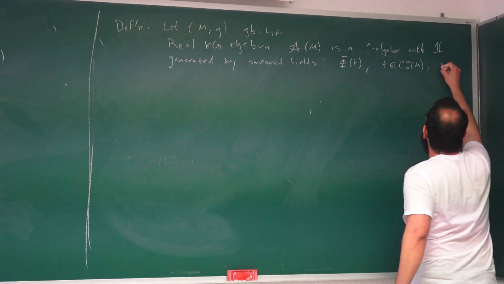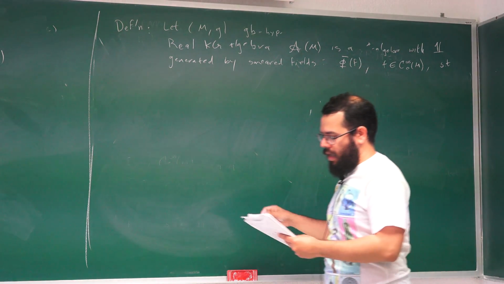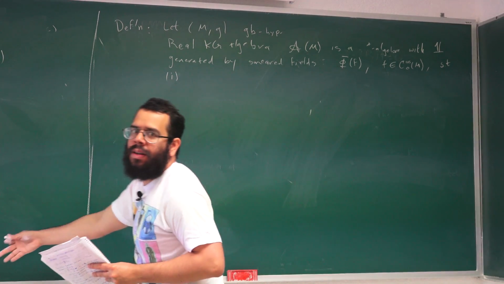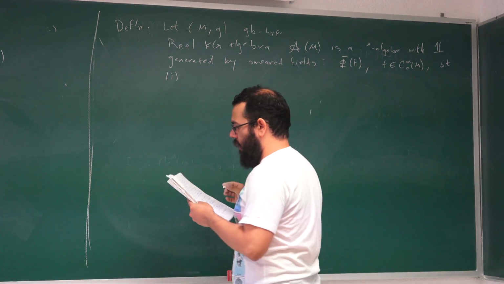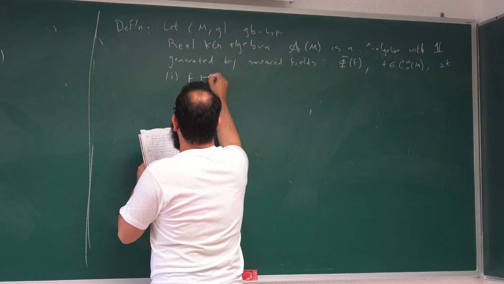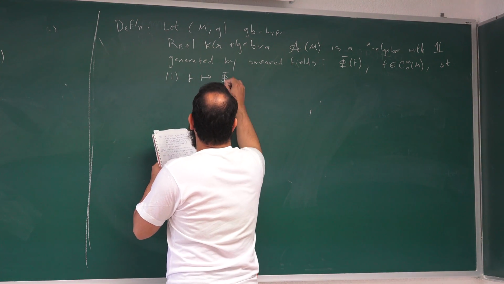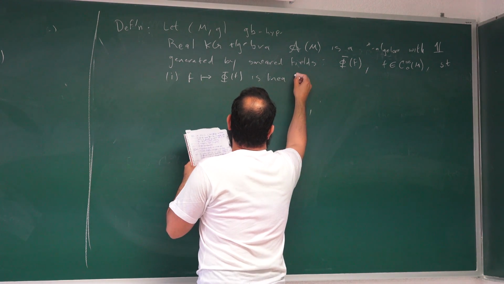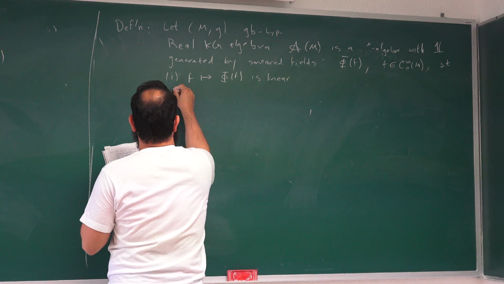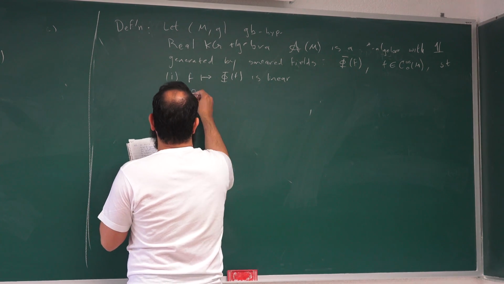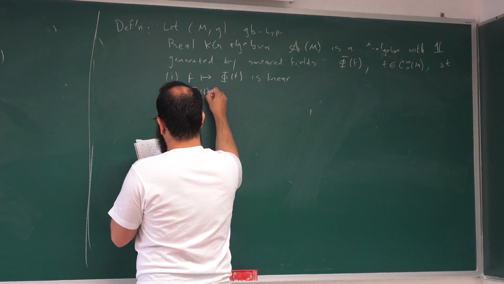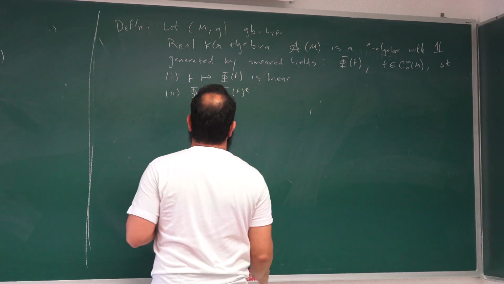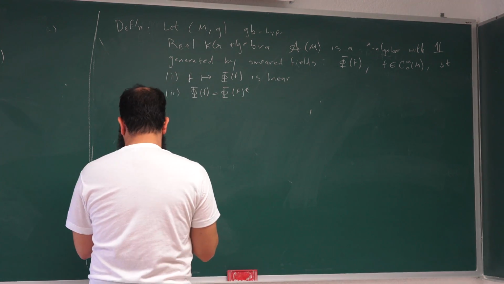Such that, and everything that we have written down there from intuition, we will carry to our definition. Such that f to Phi(f) is linear, such that there's a reality condition, okay? And in addition, two relations.